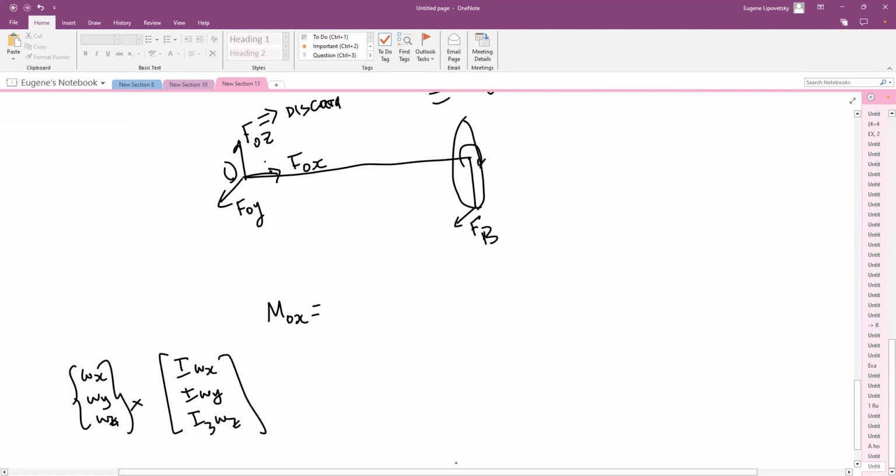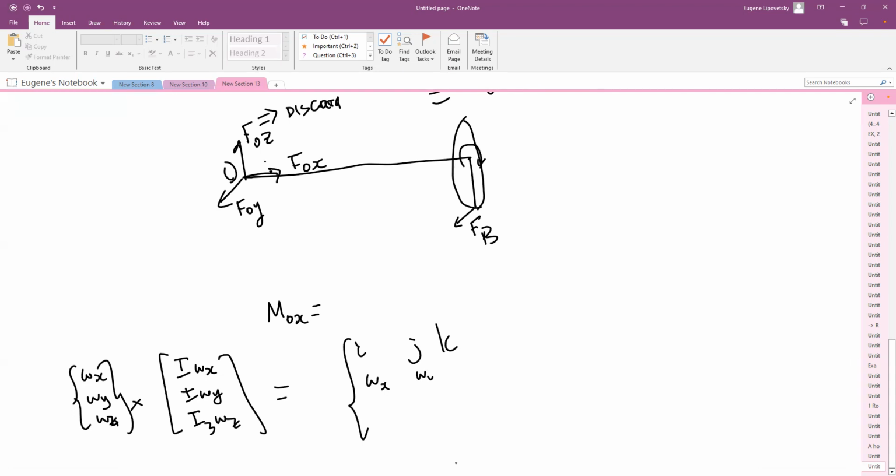We do the cross product, and that's going to be, let's do the ijk, omega x, omega y, omega z. And that's going to be I x omega x, I y omega y, I z omega z.